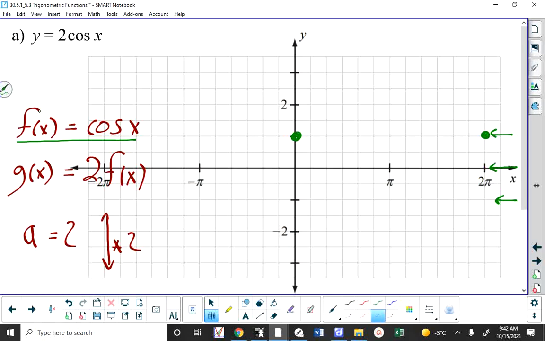So visually what I do, and I know that many of you don't need this, but visually what I do is I take this distance and I split it into 4 chunks, because the graph has 4 pieces to it. And in the case of cosine, it has to go down in this piece to the middle, and then continue down in this piece to the bottom, and then it has to go up to this point and up to there.